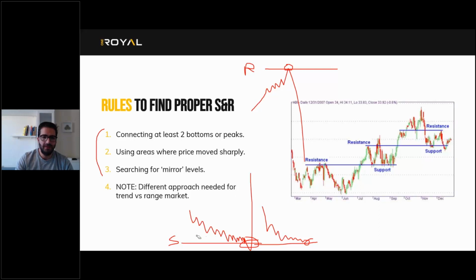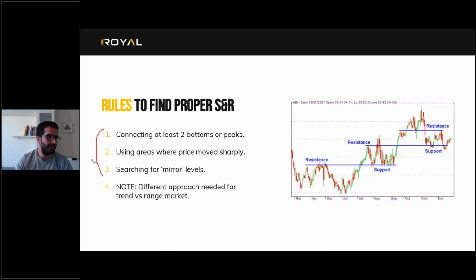The third way, you will search for a mirror level. A mirror level is when a key level, which is another name for support and resistance, both of them we can call a key level, is playing the role of a support and at the same time the role of a resistance. So here it was playing the role of support, here as a resistance, this is a key level.